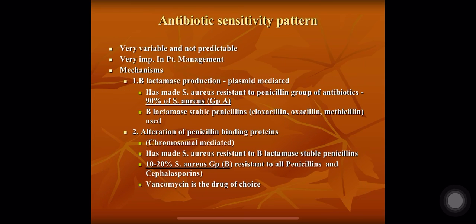Antibiotic sensitivity pattern is quite variable. Various enzymes or methods of resistance to drugs have been developed by Staphylococcus: beta lactamase production, which is plasmid mediated, and alteration of penicillin binding proteins, which is chromosomally mediated. These are mechanisms for drug resistance found in Staphylococcus aureus.